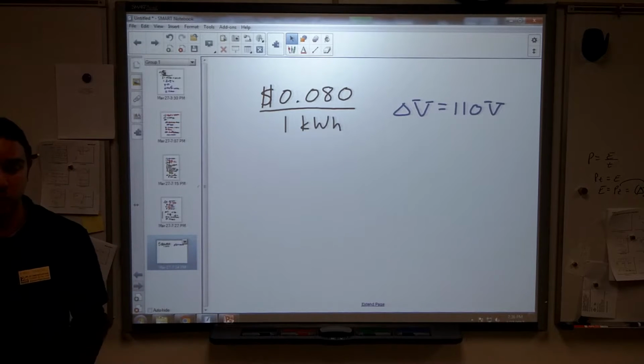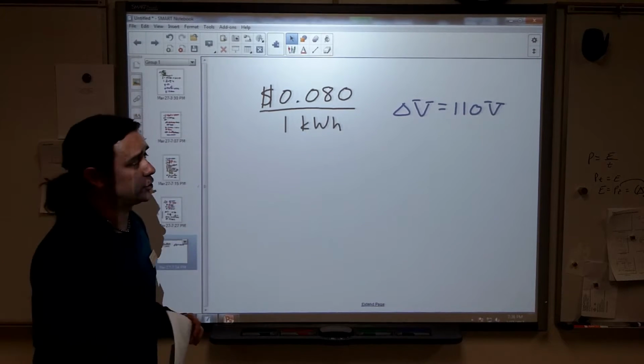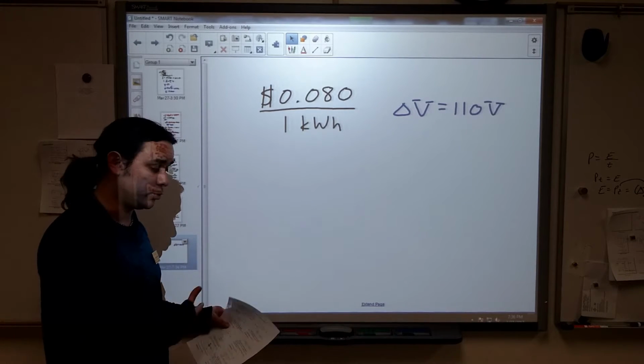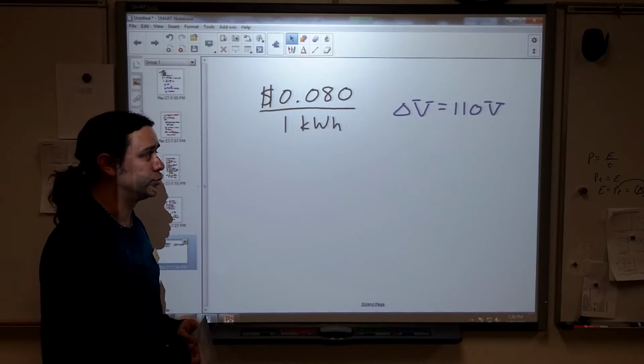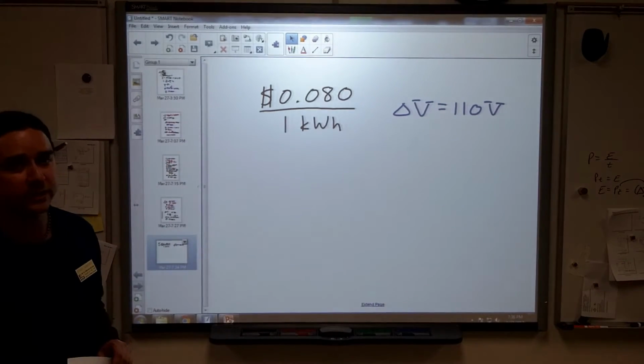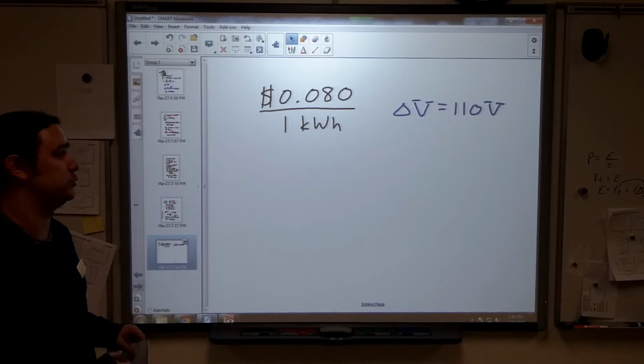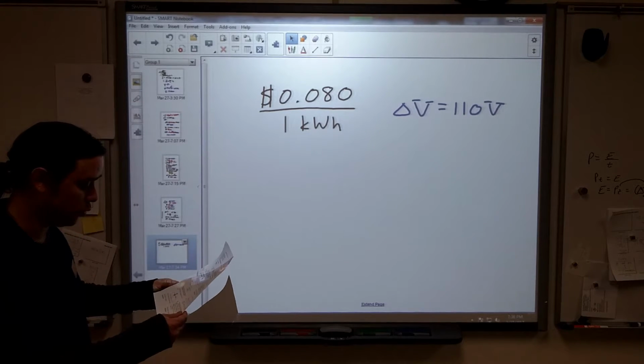Most regular appliances will have something pretty close to that. It turns out a lot of the appliances go off of AC, which we had talked about is the wall socket, and as a result, it's hard to get a good value for this exact number because it'll change. 110 or 120 is the best representative value that we usually quote.